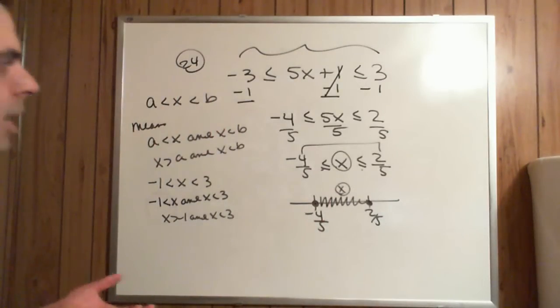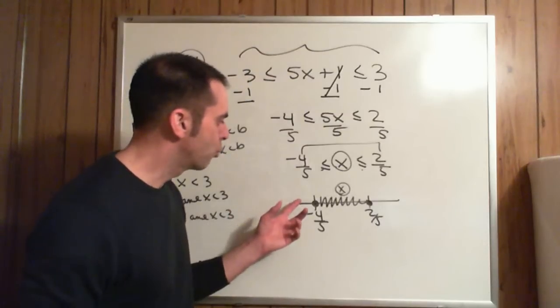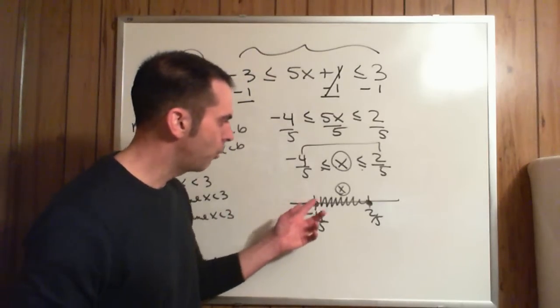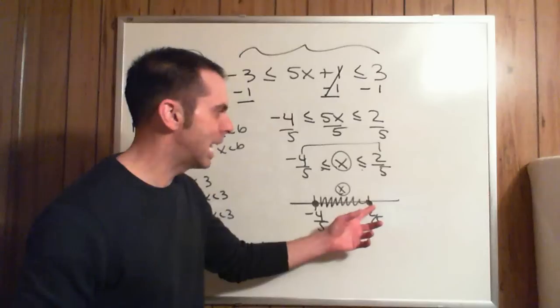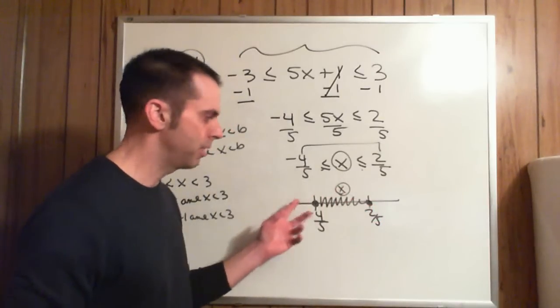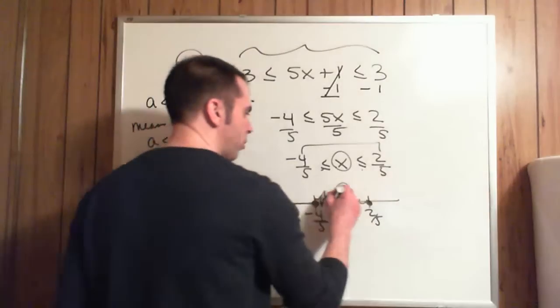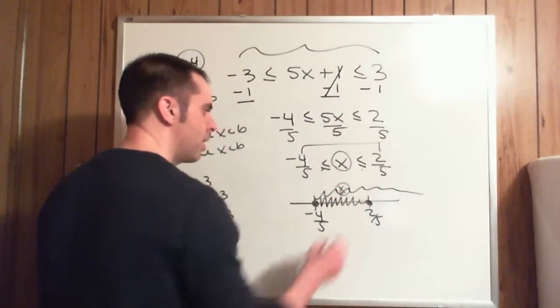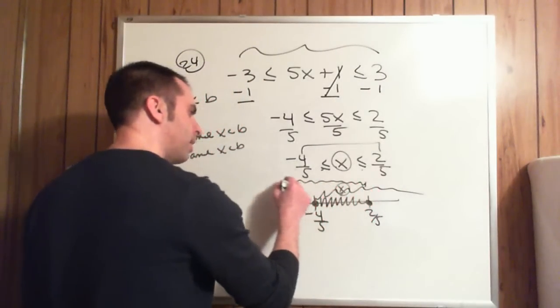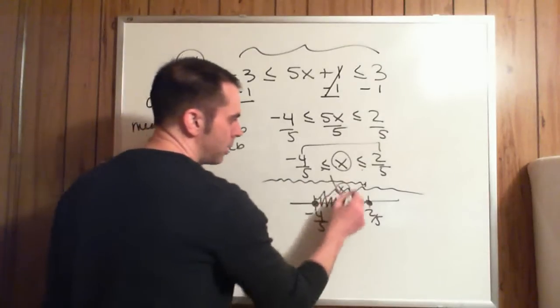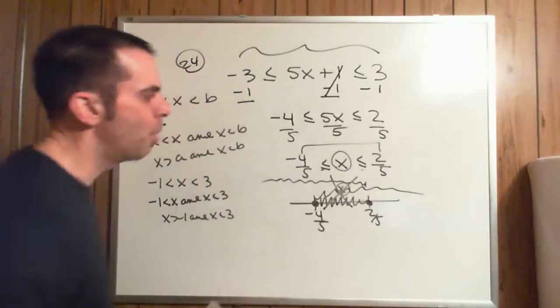It's the same thing as saying these are all the numbers that are greater than or equal to negative 4 over 5 and less than or equal to 2 over 5. It's the numbers they have in common. These are all the numbers greater than or equal to negative 4 over 5. These are all the numbers less than or equal to 2 over 5. These are the numbers in between that are both.